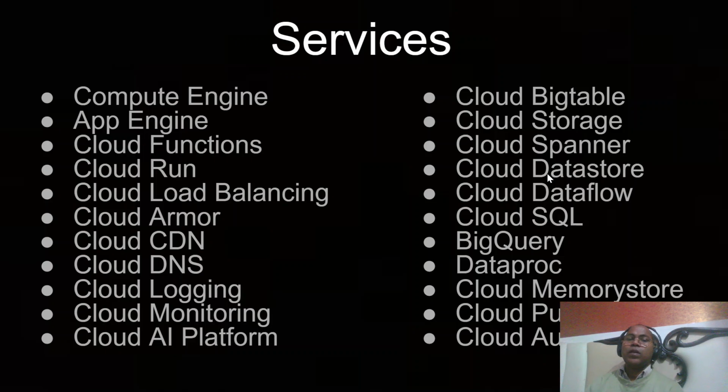Let's say I want a publisher-subscriber model, event-driven architecture. Google already has a Pub/Sub architecture, so why not just use it? They've already built it, they've already tested it, and we rely on this product and service.